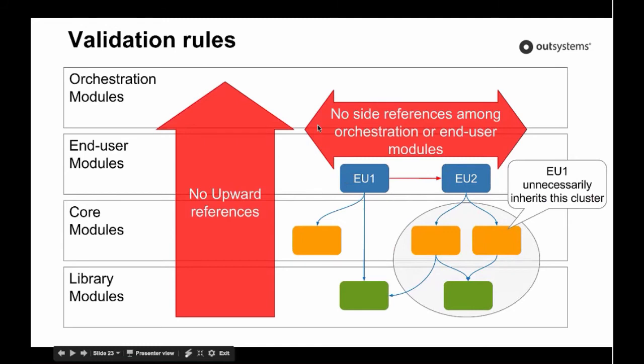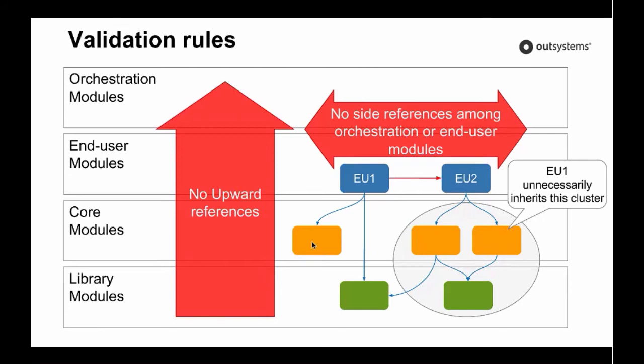The end user modules or the orchestration modules, they are in the top. It means that they will drag a lot of indirect references with them. Okay, so this is, let's say, the second most dangerous reference violation.